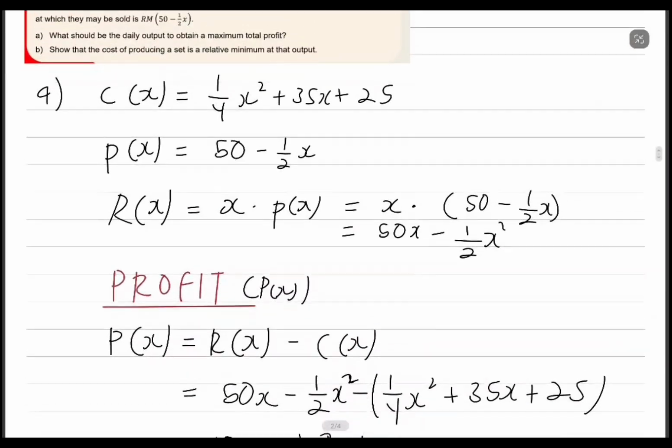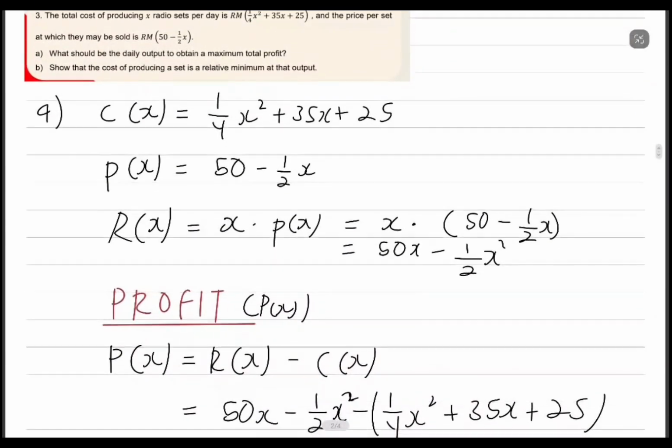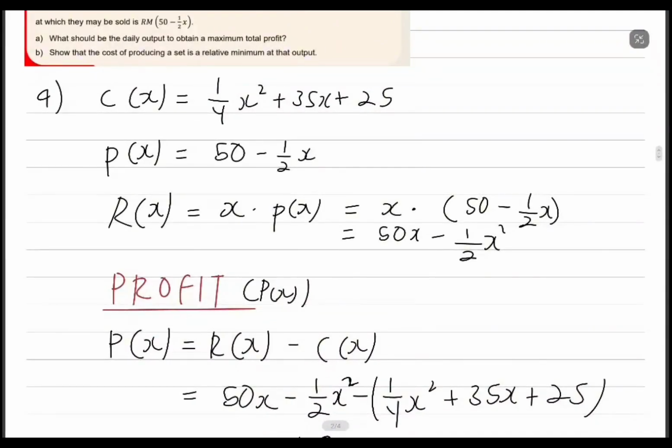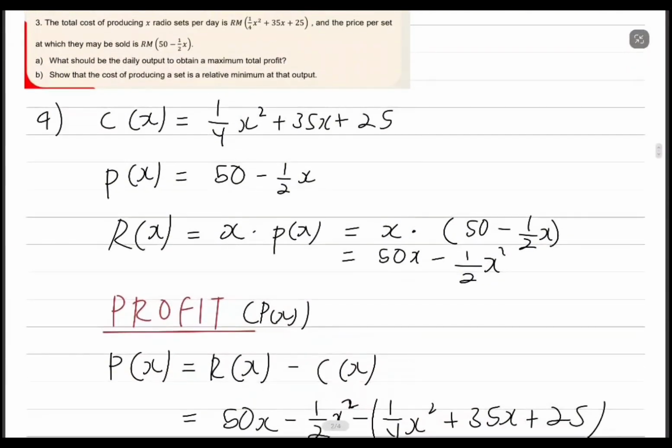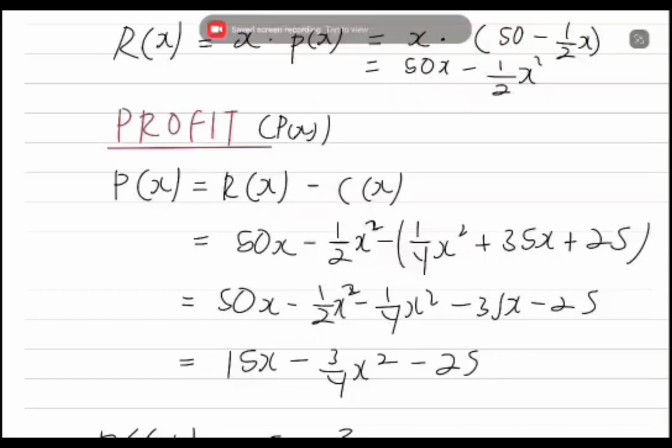So in order to obtain the profit, firstly we must set that profit is equal to R(x) minus C(x). Why we conclude that is because R(x) is revenue, so revenue must minus the cost to get how much the profit.